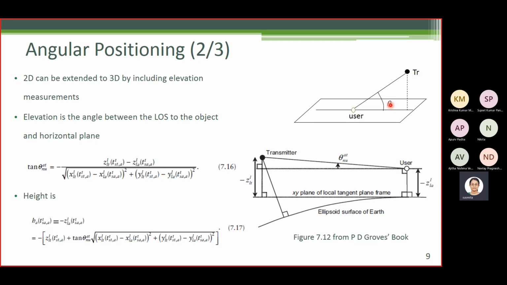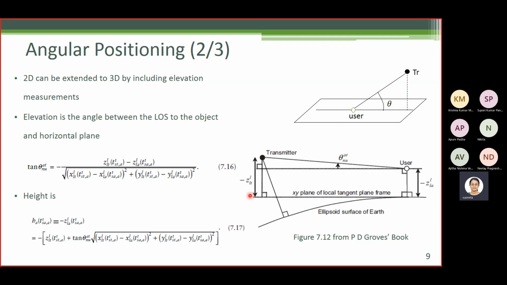Okay. Now let's see. If we make two bearing measurements in 2D, we get the 2D position. Now we also want to find the height of the user because we are interested in 3D position. So let's see how, with the help of elevation, we can find the height of the user.